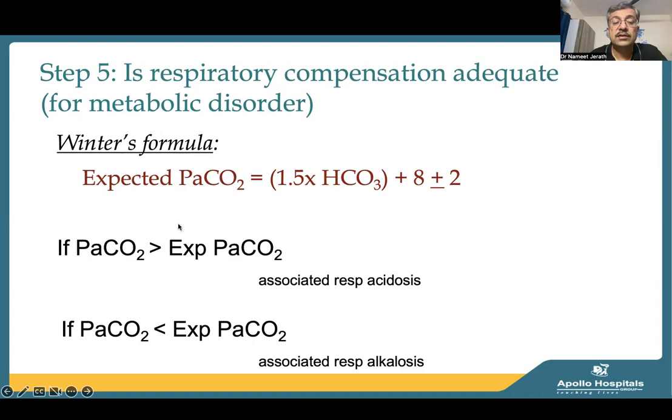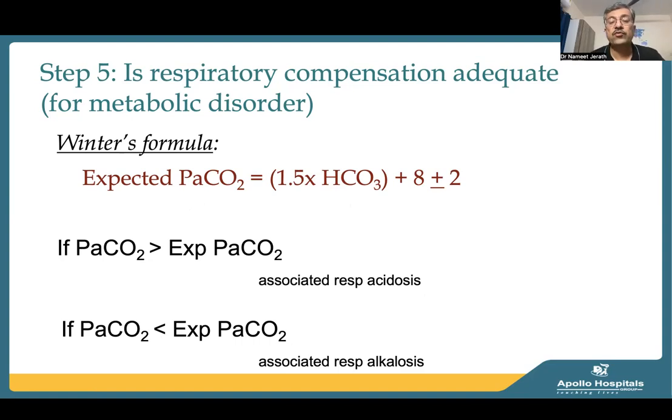If the arterial CO2 is more than what you expect the CO2 to be, then you know that the CO2 is actually higher than what it should be, and that means there is an associated respiratory acidosis. If the arterial CO2 is less than what you expect it to be by this formula, then there is an associated respiratory alkalosis. This is a very important step and we should understand it.